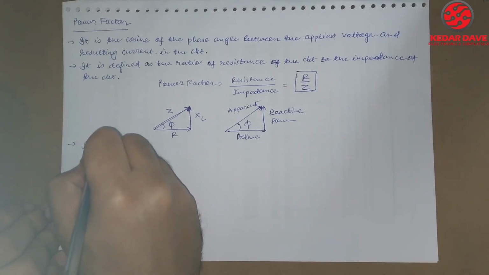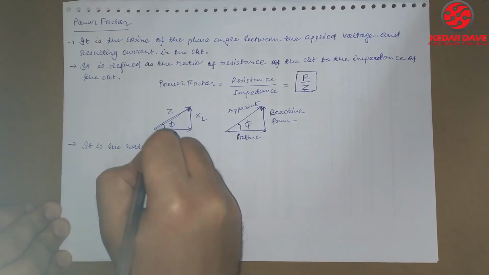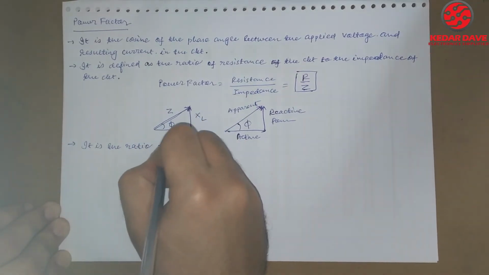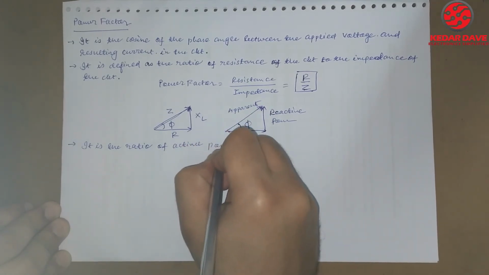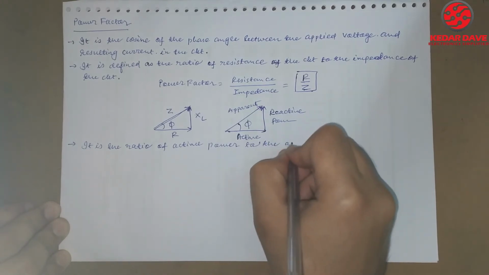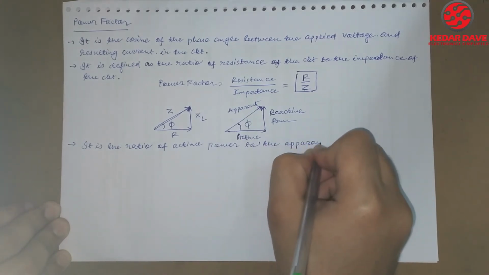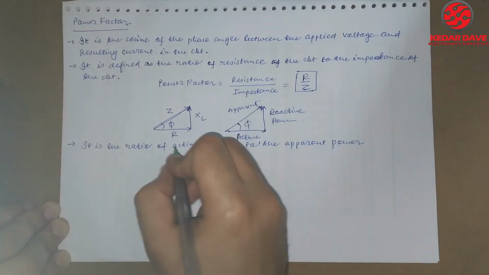Another definition, it is the ratio of active power to the apparent power. ओके, इसको हम इस तरीके से भी डिफाइन कर सकते हैं.